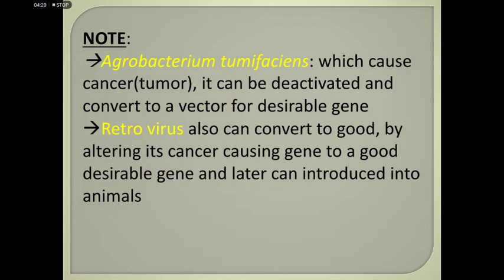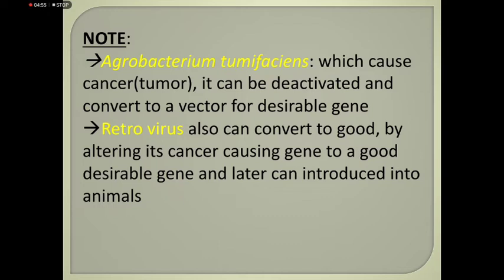By such a process, we can alter the pathogenic and harmful effect of some organism into human friendly or animal friendly or plant friendly in nature. Agrobacterium tumefaciens is a type of bacteria which can cause cancer tumor in plants. It can be deactivated and converted into a vector for a desirable gene.